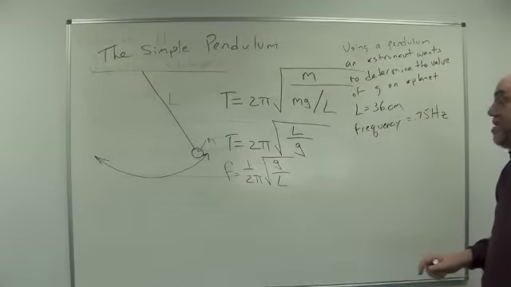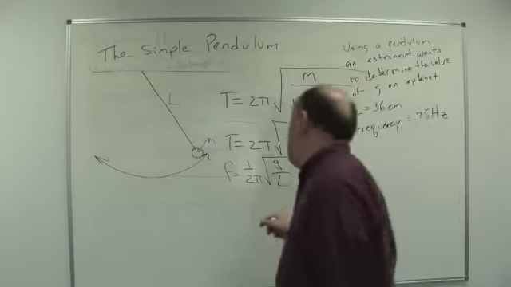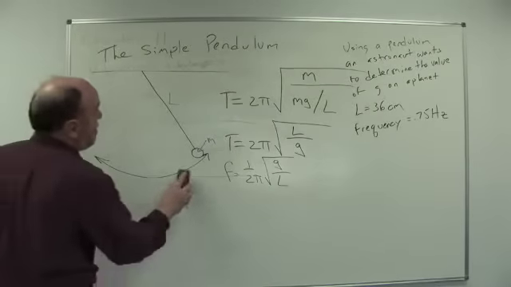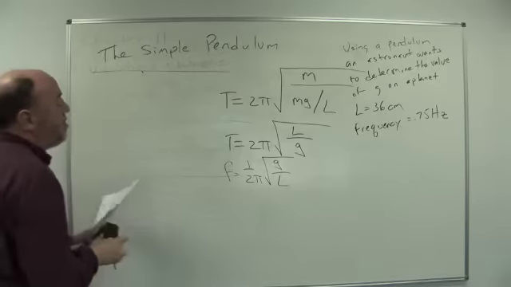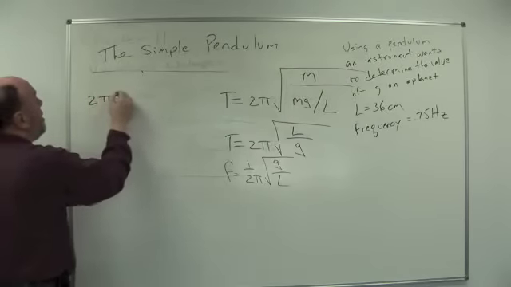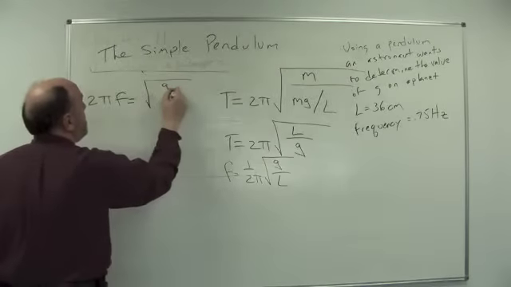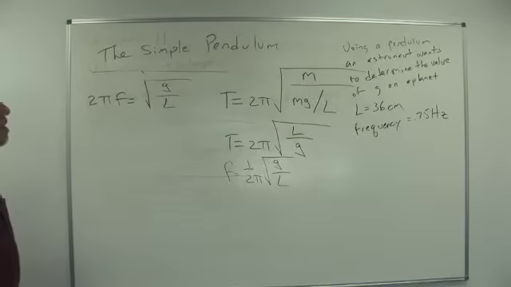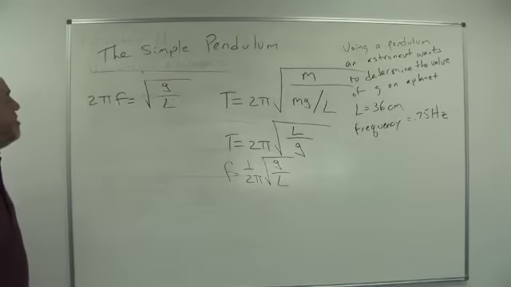Okay? So we're going to take this equation and solve it for g. And then from that, we can get what the value of g is on this particular planet. If I take this equation and solve it for g, first thing we'll do is multiply by the 2 pi. So we get 2 pi f equals the square root of g over L. And then the opposite of square root is to square, so I square both sides.